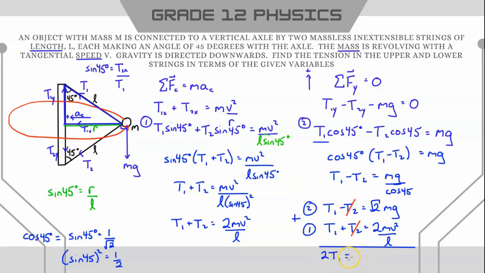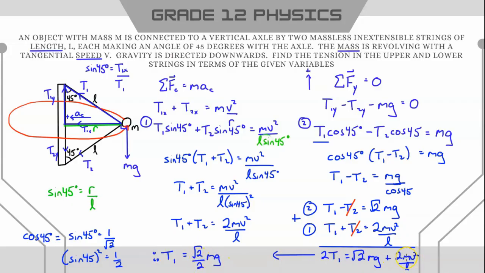Hopefully I have enough space to finish this. And then we just have root 2 mg plus 2mv squared over L. And then if I divide by 2, let's just continue this way. If I divide by 2, we will get, therefore, T1 is equal to root 2 over 2 mg.